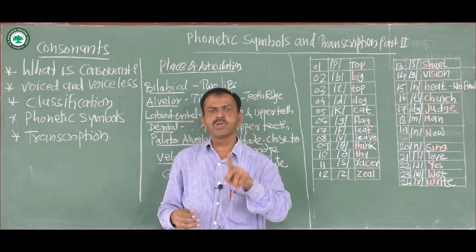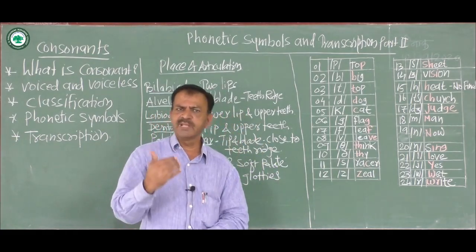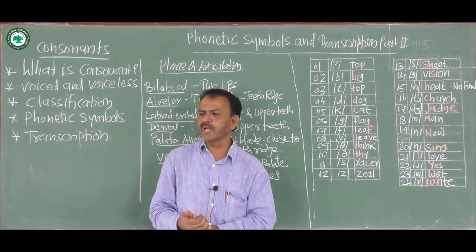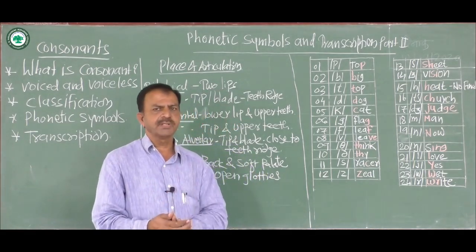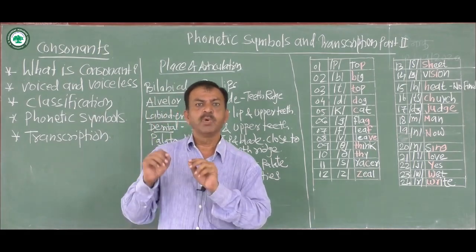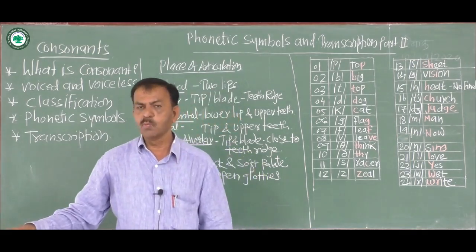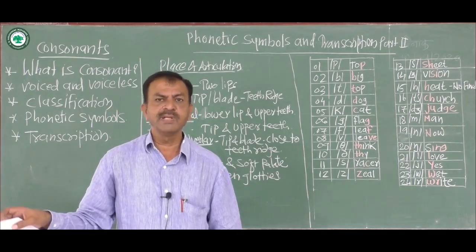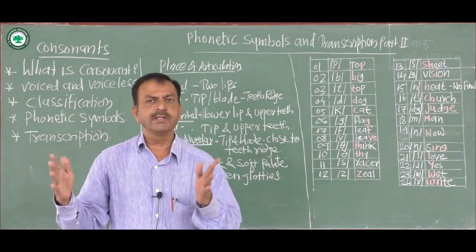When the vocal cords vibrate, the sound is known as voiced sound, and when there is no vibration of the vocal cords, the sound is known as voiceless sound. So in English RP, there are 15 voiced sounds and 9 voiceless sounds. While studying the consonants, you will notice which are the 15 and which are the 9.